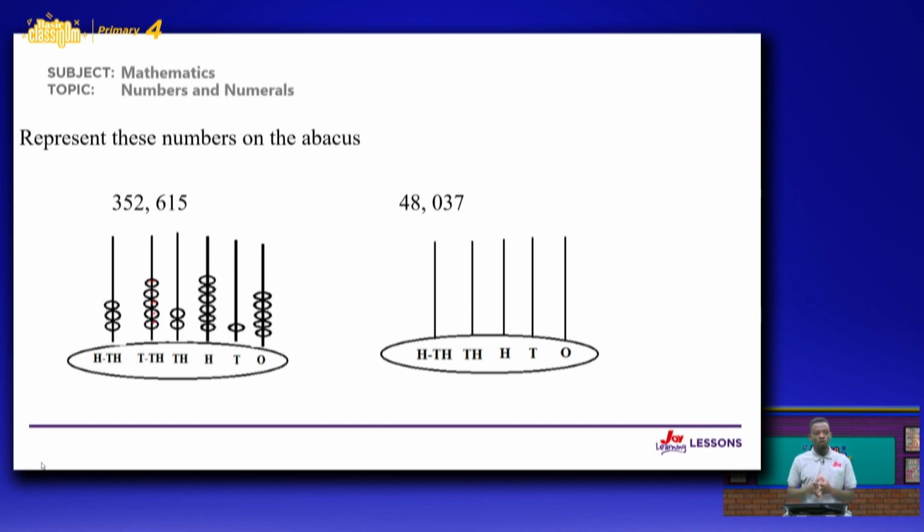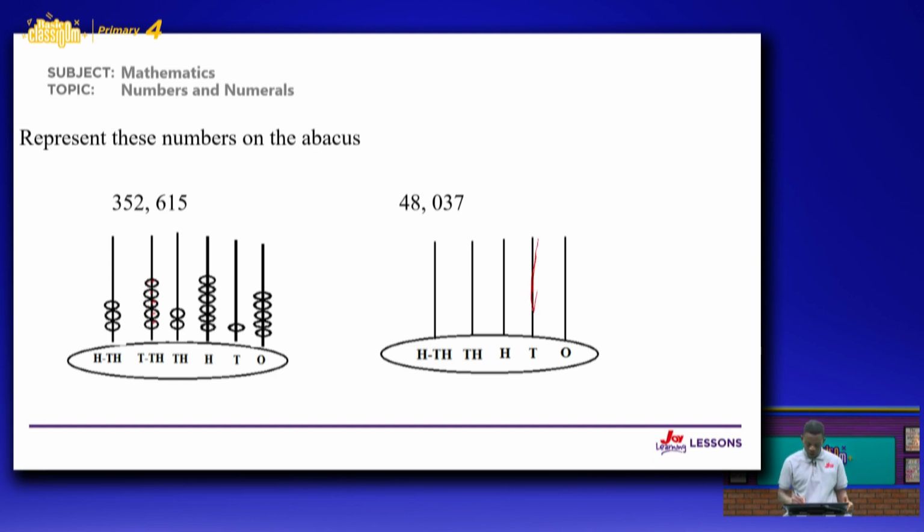So what we are going to have is 7 counters placed on our ones, that is the last spike. Then we are going to have 3 counters placed on the tens.